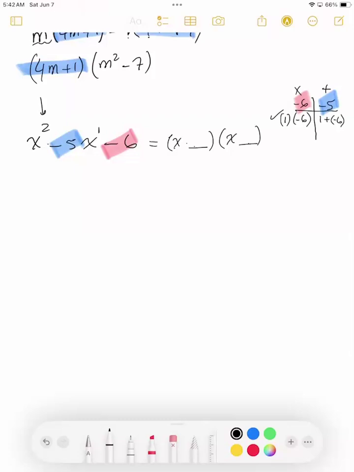I didn't expect to find it this fast, but those were the answer. So you put this positive 1 in one parenthesis, negative 6 in the other. We are going to practice a couple of these. So that is your answer. We were able to factor a polynomial that had 3 terms into 2 factors.